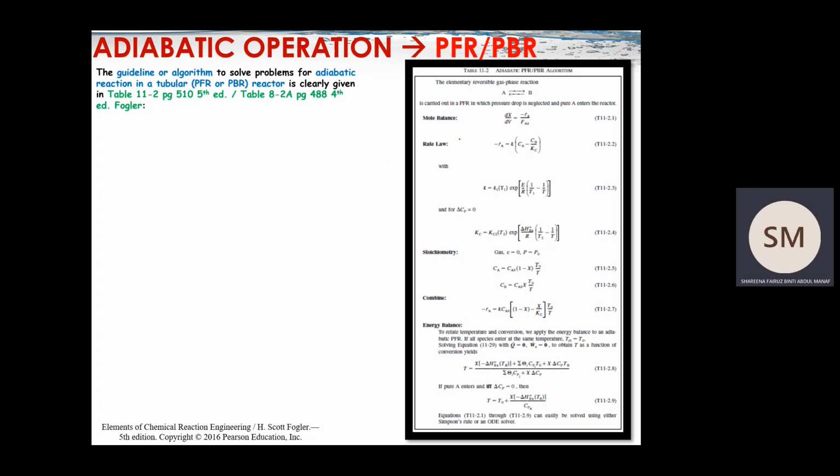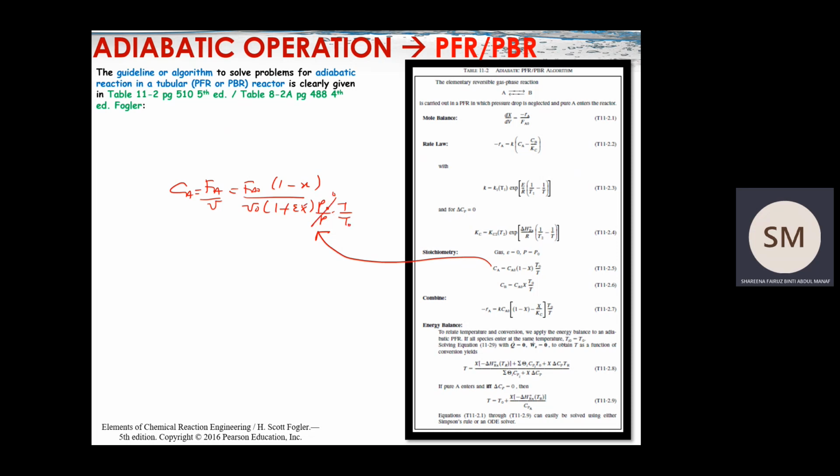So this is the guideline or algorithm to solve problems for adiabatic reaction in tubular reactors given in Table 11-2, Table 8-2A, same as previously. Here we define CA as FA over V, which is FA0 (1 minus X) over V0 (1 plus epsilon X) times P over P0 and T over T0.